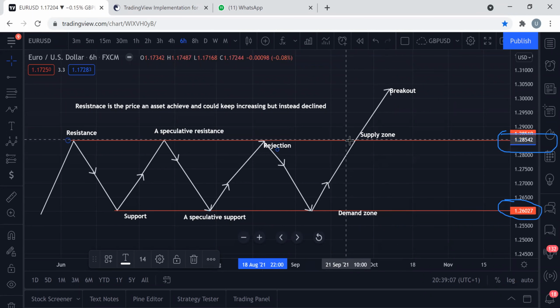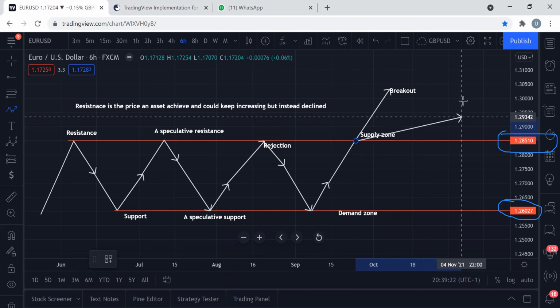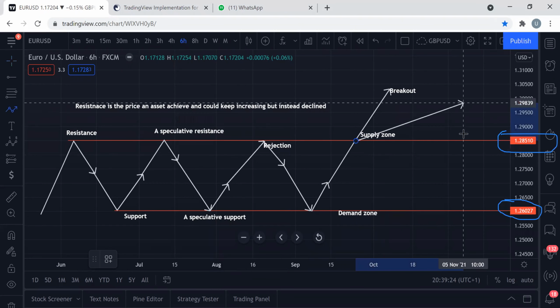We are expecting price to either pump or decline. We are expecting it to either reject like this or pump like this. Either of the two will happen at this zone.